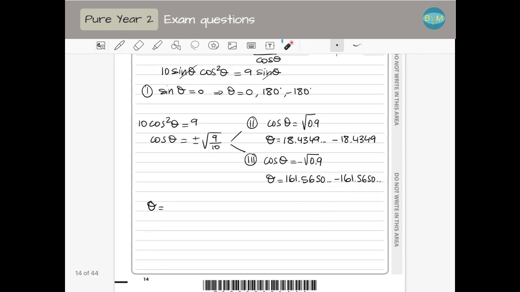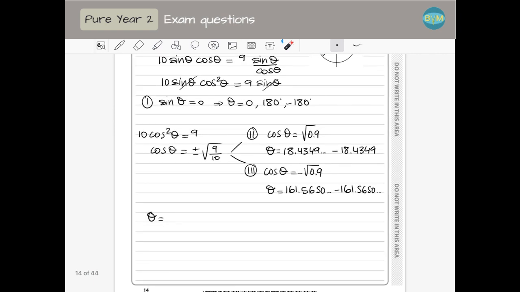So as a summary, your solutions are, you can write them in order if you want. We have to round to one decimal place. So the smallest is minus 180 degrees, minus 161.6 degrees, minus 18.4 degrees, 0 degrees, 18.4 degrees, 161.6 degrees and 180 degrees.